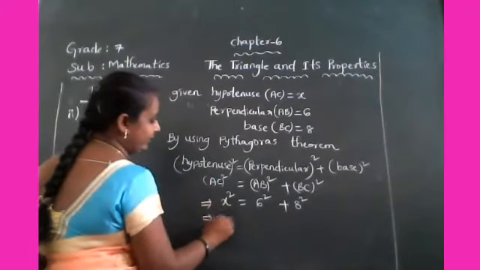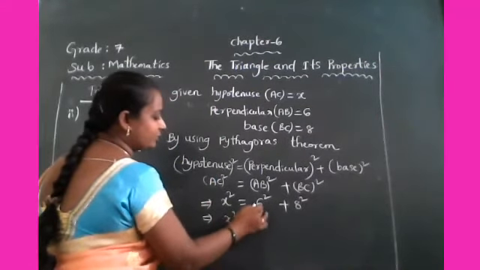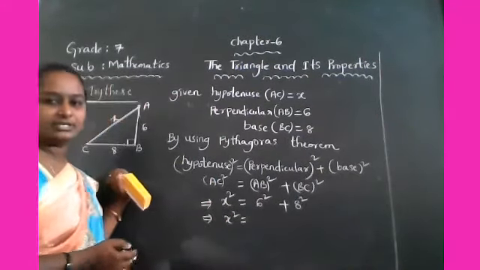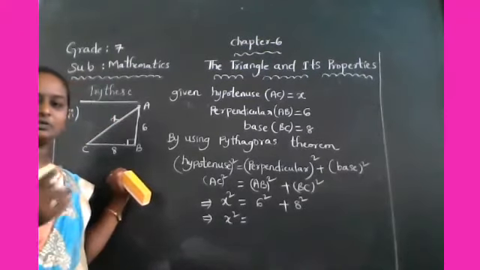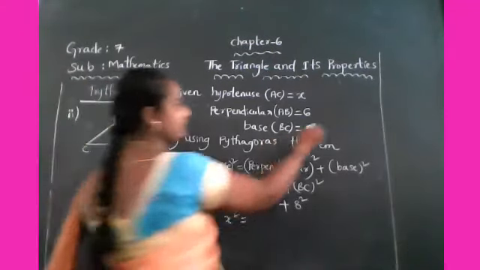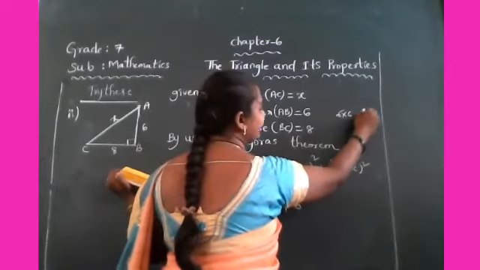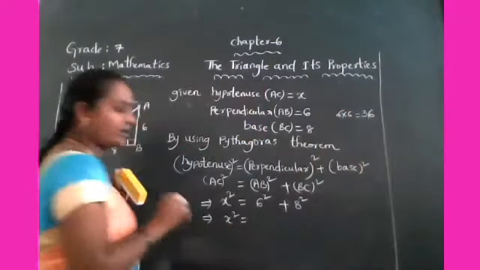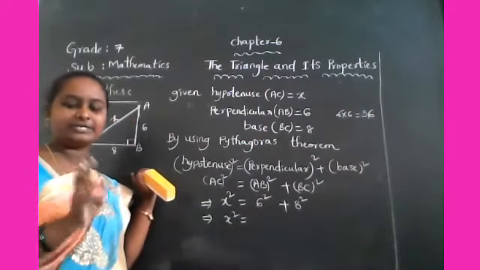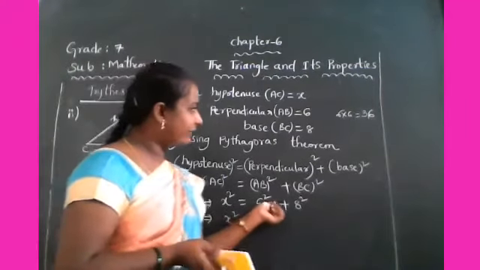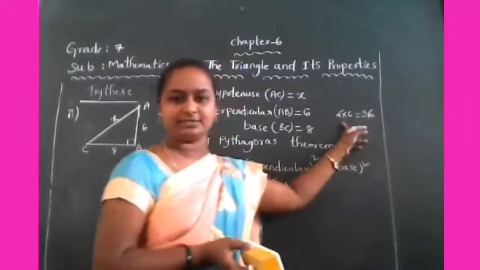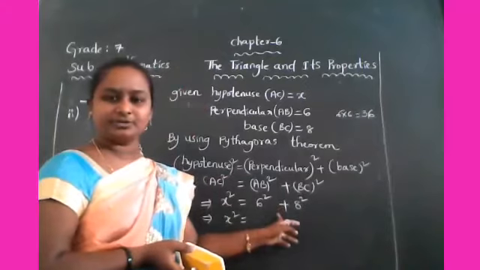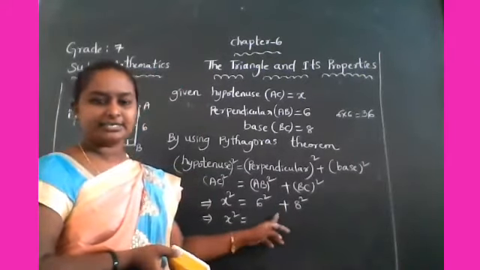Right. x square is equal to 6 square. 6 square means 6 raised how many times? 2 times. That means 6 into 6. It is equal to 36, not 12. Always remember 6 square means 6 into 6, not 6 into 2. Okay na children, is it clear?